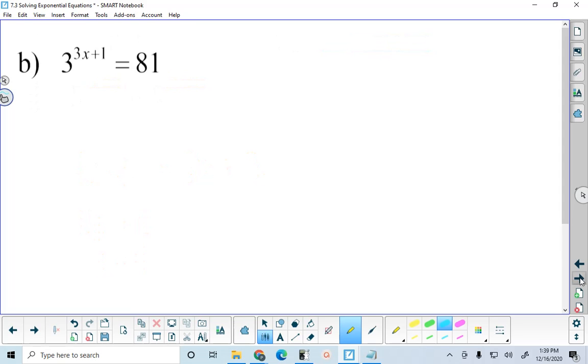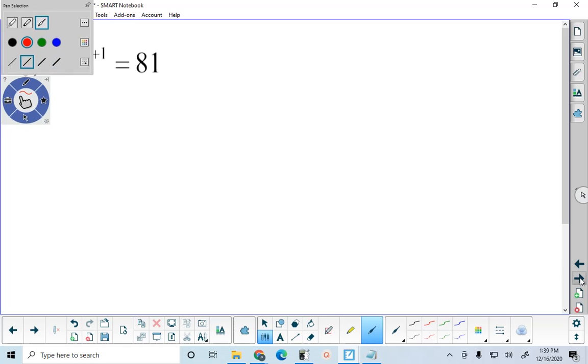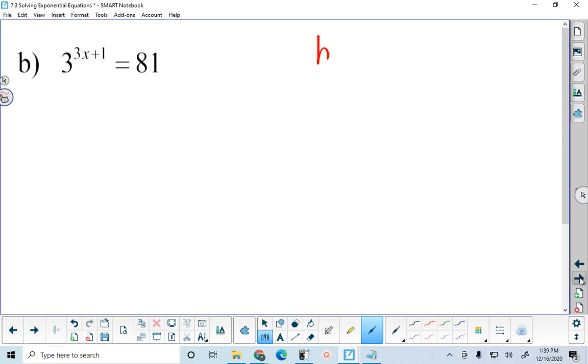All right. So 1B is 3 to the 3x plus 1 equals 81. And we want to build a common base. Now, one of the bases is 3. The base on the left side is 3. The base on the right side is 81.